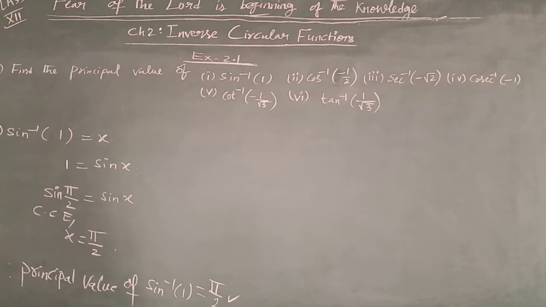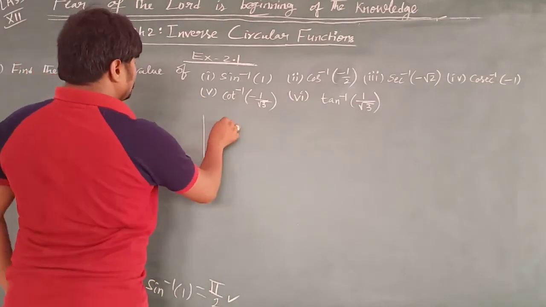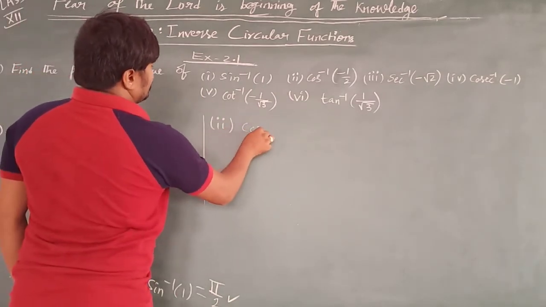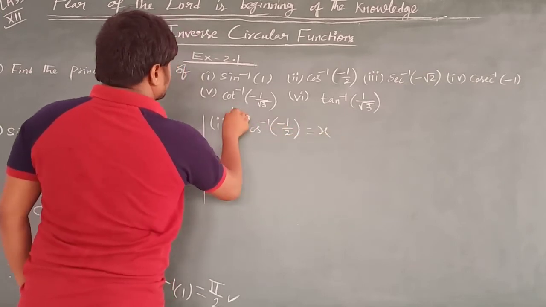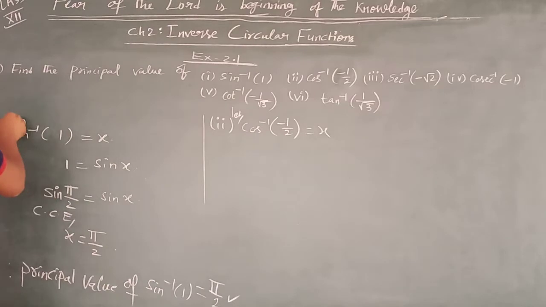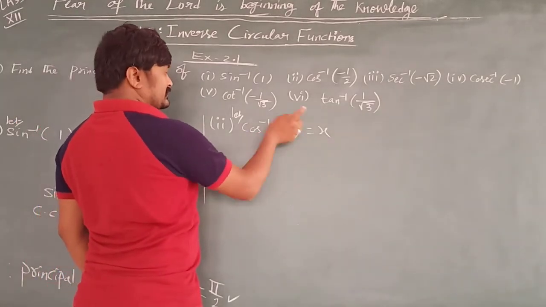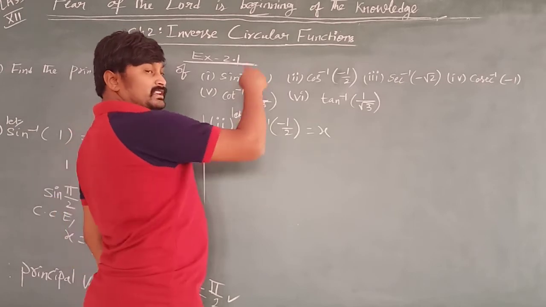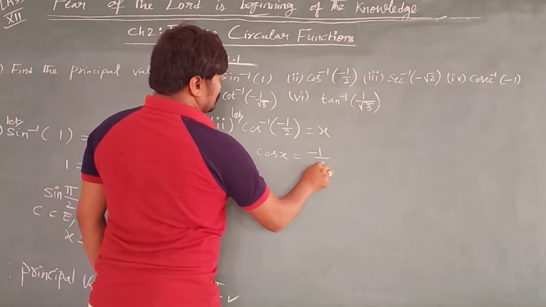The second one is cos inverse minus 1 upon 2. Cos inverse minus 1 upon 2 is equal to x. Now cos inverse goes to that side as cos, so cos x is equal to minus 1 upon 2.